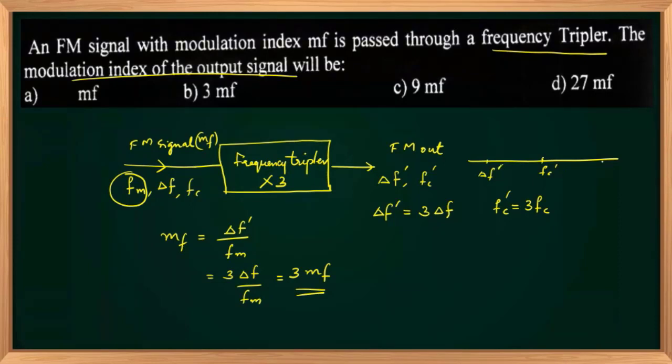Frequency deviation will also be multiplied by the same factor, FC dash minus delta F dash, FC dash plus delta F dash. So the deviation will be 3 times the original deviation. Therefore, the modulation index is also multiplied by the same factor. So the correct option is option B, 3 MF.